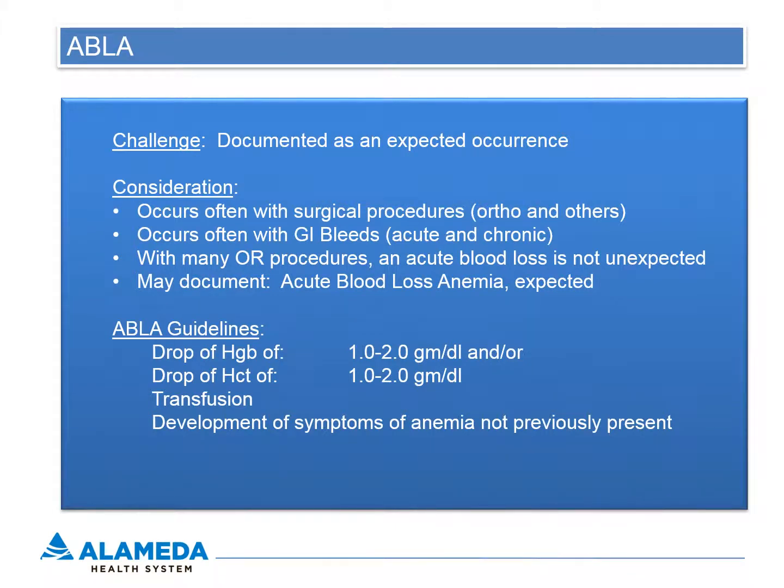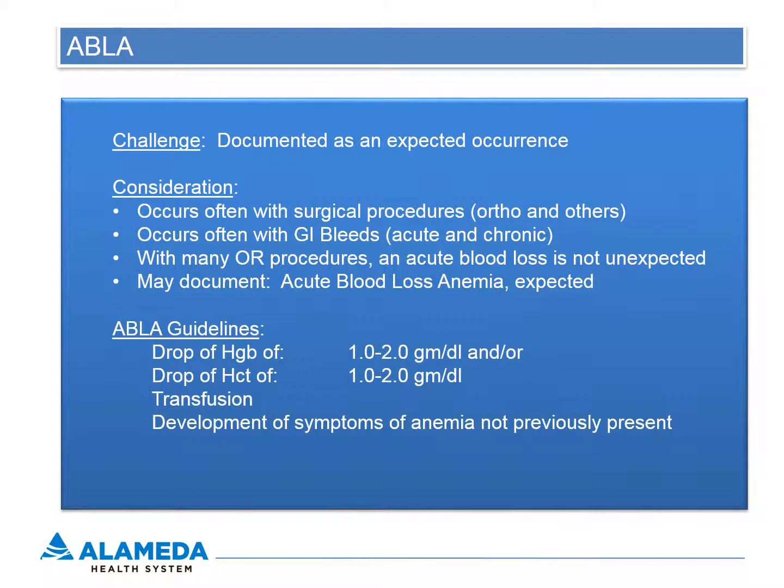So what you need to consider is that it often does occur with a surgical procedure and pretty frequently in ortho procedures. It often occurs with GI bleeds, whether they're acute or chronic, and it can occur with many OR procedures, when there is an acute blood loss that is not unexpected. So you can document acute blood loss anemia expected or just acute blood loss anemia.